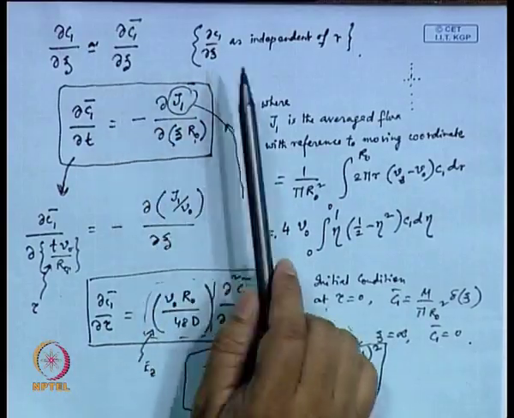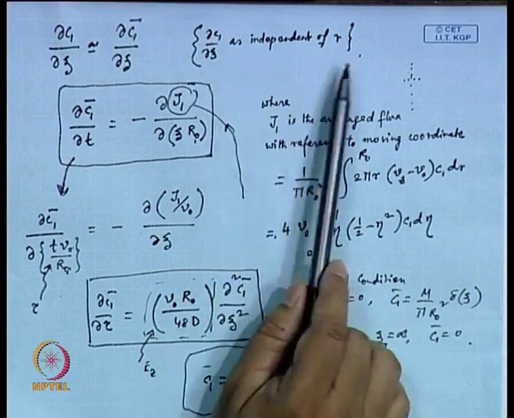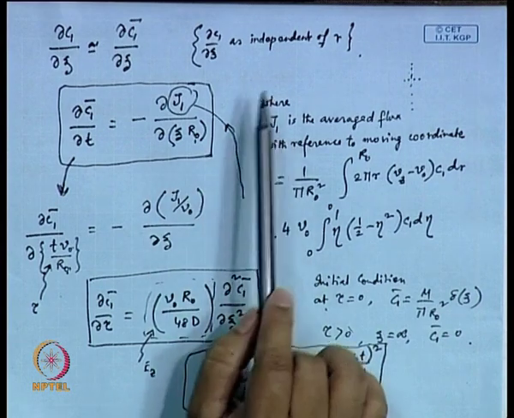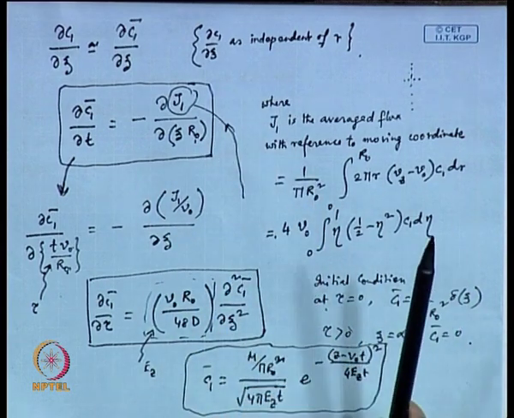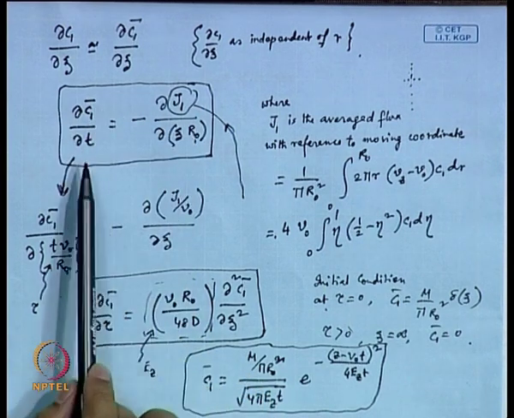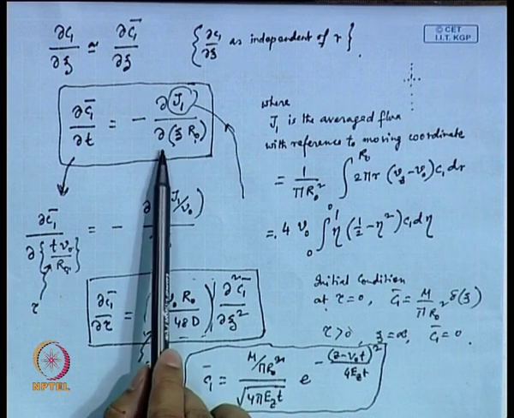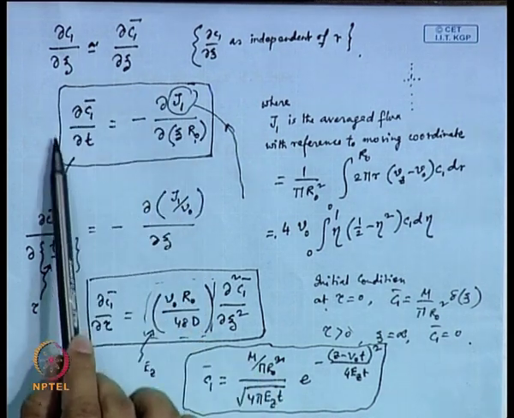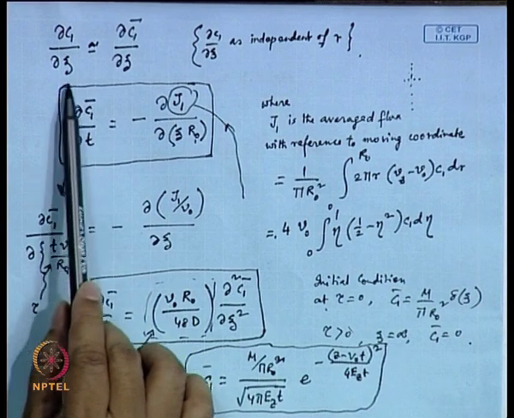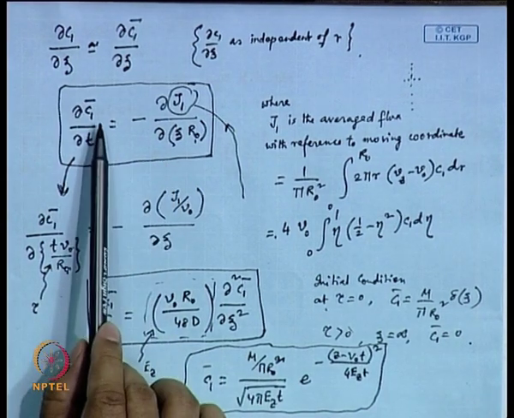By doing this, del C1 del zeta has become independent of R. So, you write that basic governing equation, del C1 bar del T is equal to this quantity minus del J1 del zeta R0. This becomes your governing equation in terms of C1 bar.